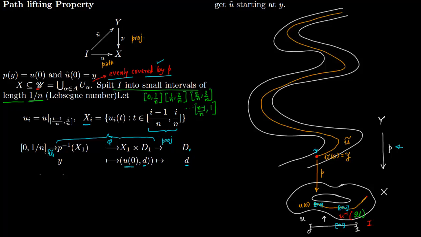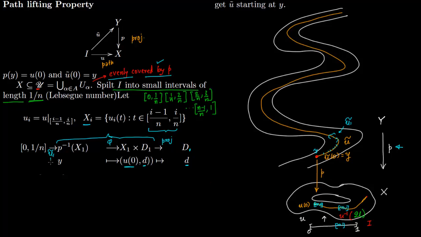Now this u1 tilde is nothing but the lifting of this path u. We are talking about u1 tilde because this is the lifting of the path starting from right here. So say this portion might be u1 tilde. Is it nothing but the lifting of this path?